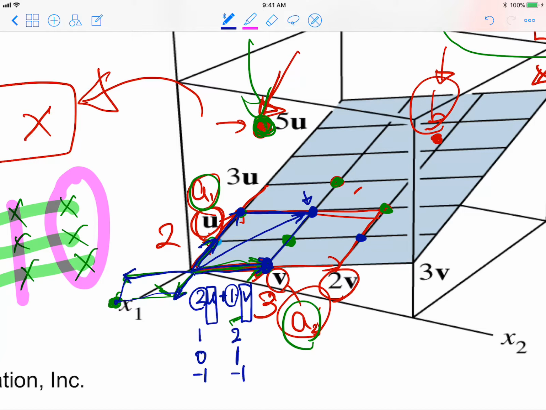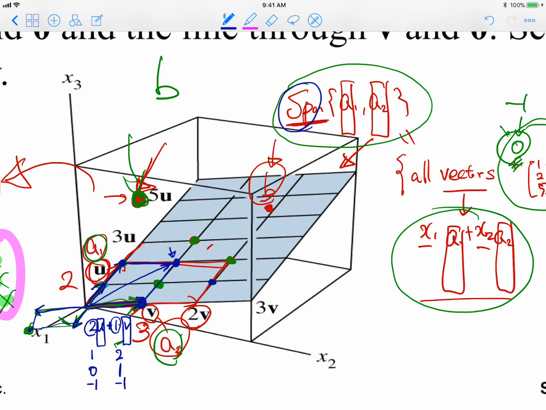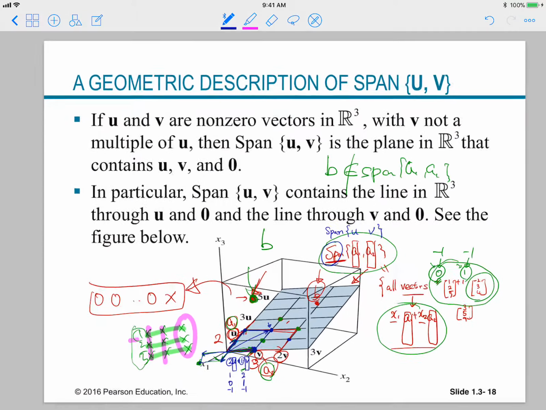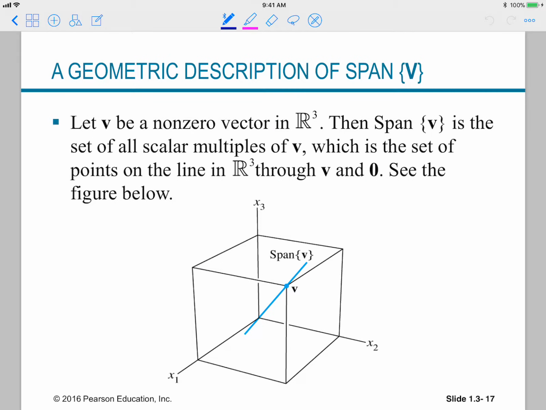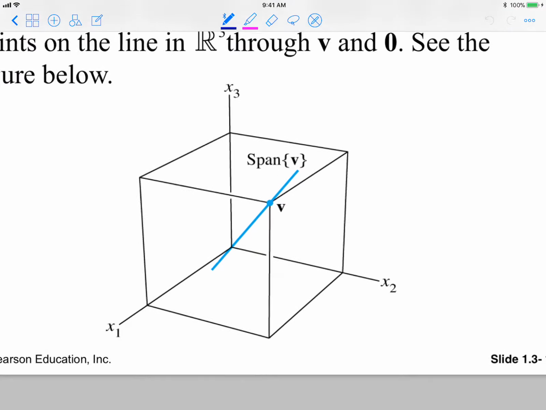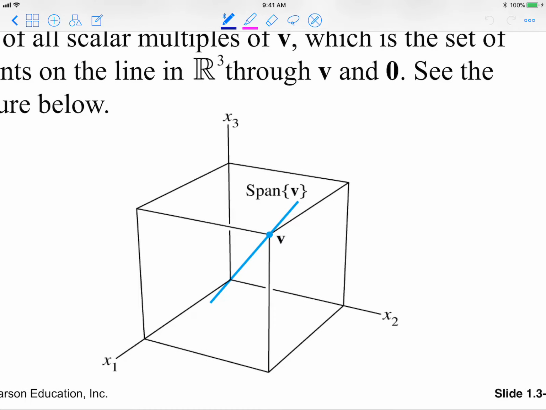Okay, so this blue plane is called the span of these two vectors u and v. That is the notion of the span. And in case we have just a single vector, this is still in three-dimensional space.